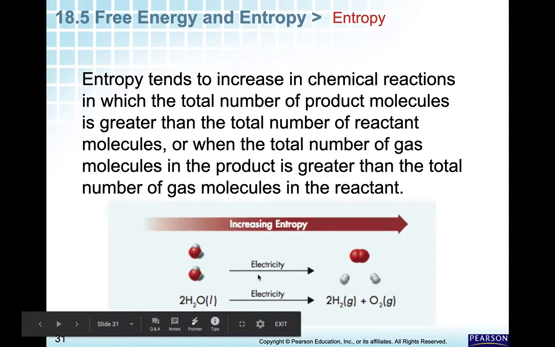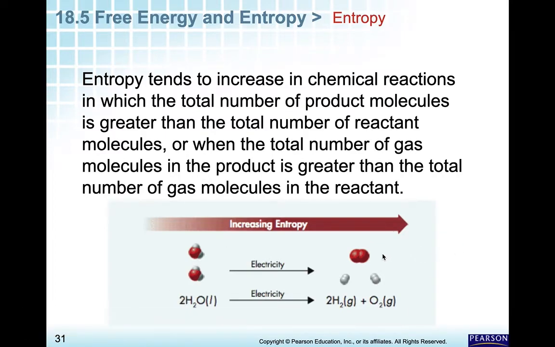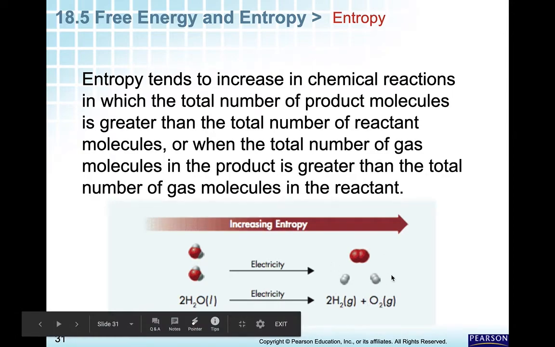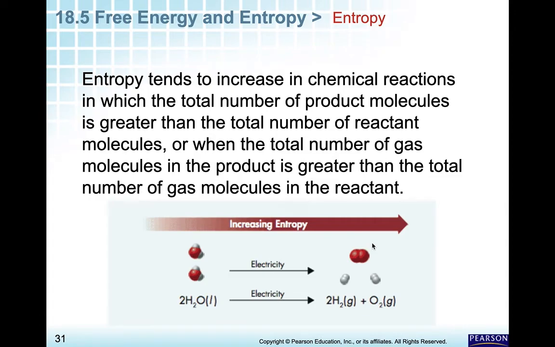However, we go from having 2 moles of liquid to 3 moles of gas. We've got 3 moles of gas over here, 0 moles of gas over here. It's all liquid. So this is highly entropy favored. We've got way more chaos and disorder over here because of all the gas molecules that were produced.